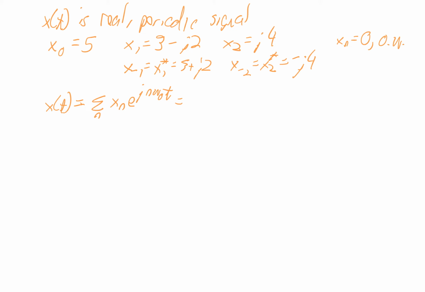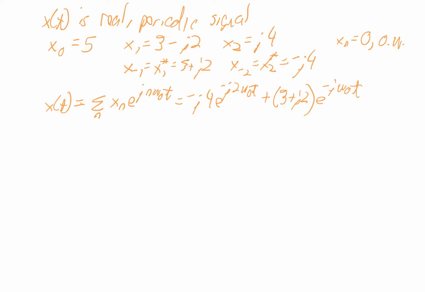Starting with the negative 2 term, we have negative j4 e to the j times negative 2 omega naught t. Then at negative 1, we have 3 plus j2 e to the negative j omega naught t.